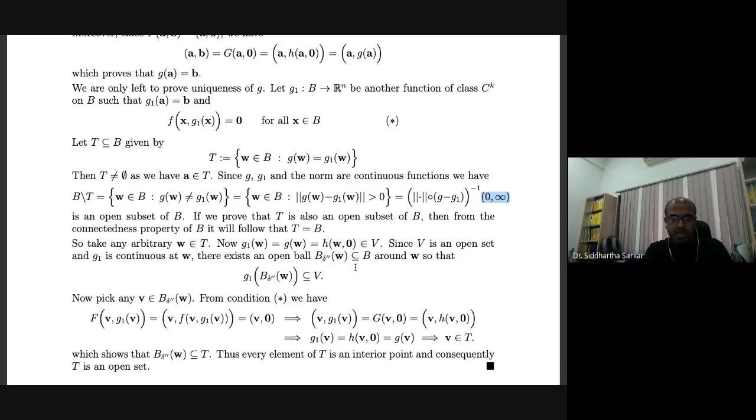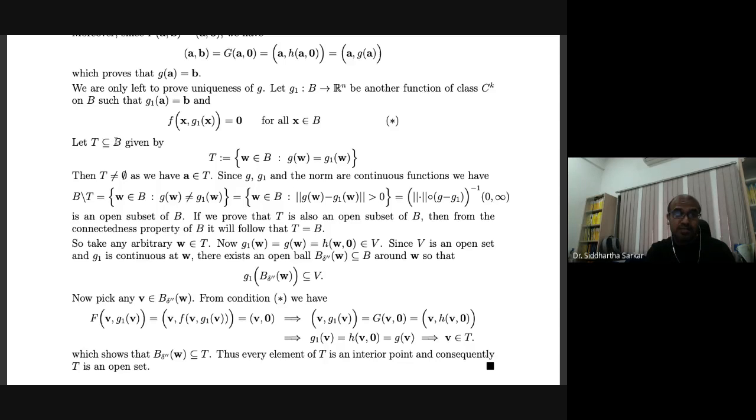So if we prove that T is open, I'm kind of done. Because if T is open, then T is non-empty and B is a connected topological space.